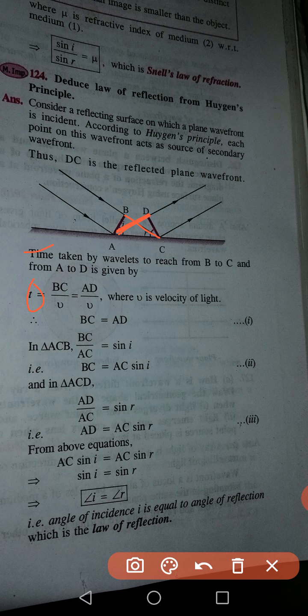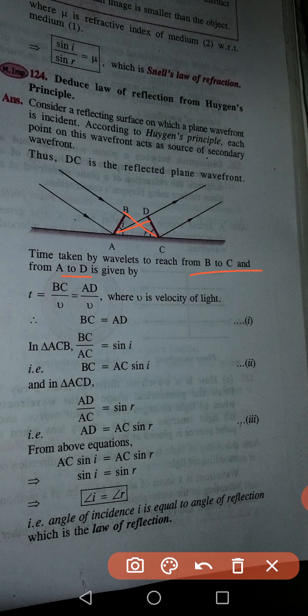T is the time taken by the wavelets. Wavelets, because they originate from this wavefront. We discussed wavelets earlier, right? Anyway, whether you mention wavelets or not, the time from B to C and from A to D will be the same, which is T.